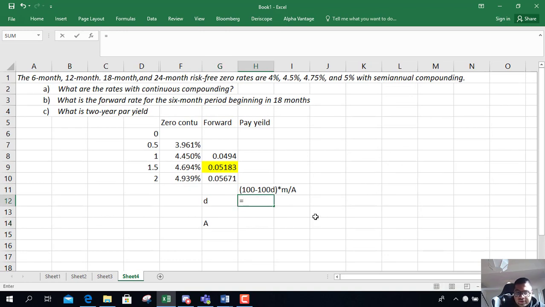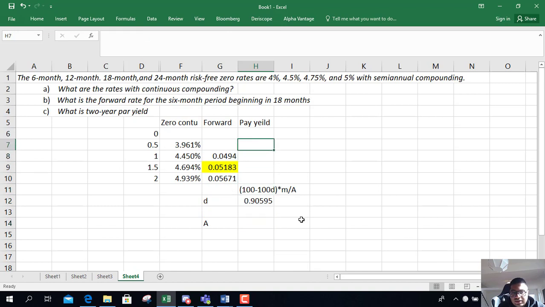D is always $1 discounted at this rate for maximum years given. So it is $1 discounted at this rate for maximum rate given. So it is 0.595.